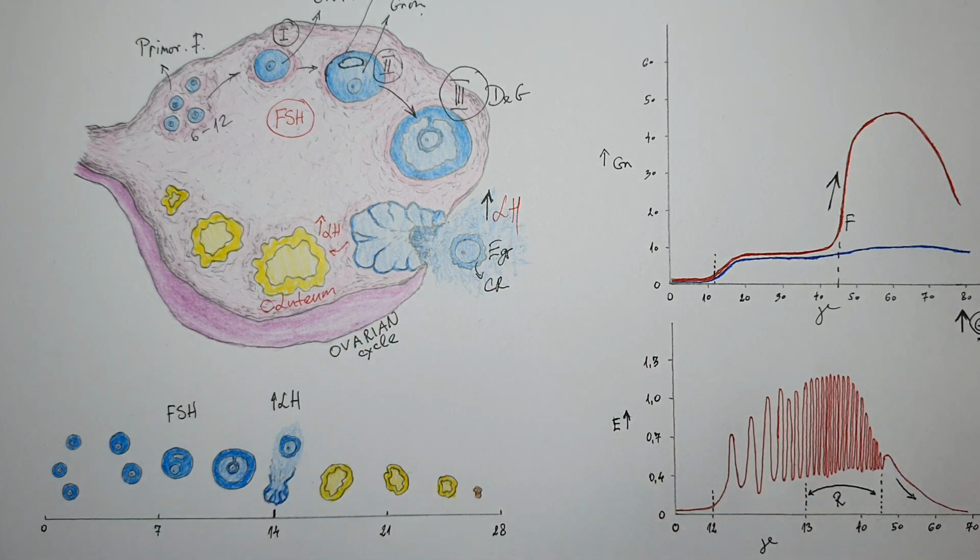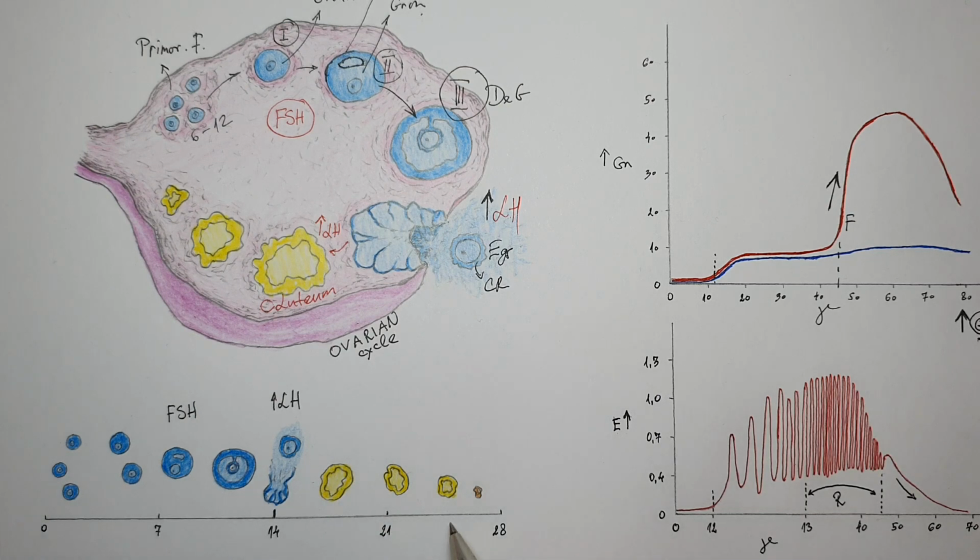So the corpus luteum is the yellow body. The yellow body produces high amounts of hormones and also high amounts of progesterone. And the yellow body, in the second part of the cycle, when the body is preparing the uterus for possible implantation, the corpus luteum is giving the hormones.